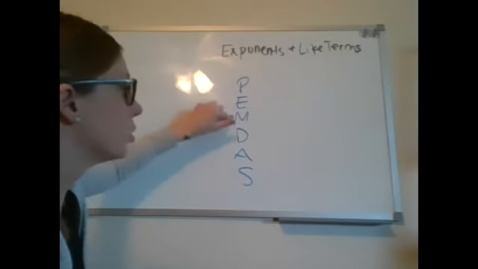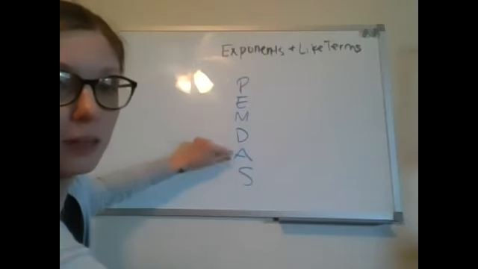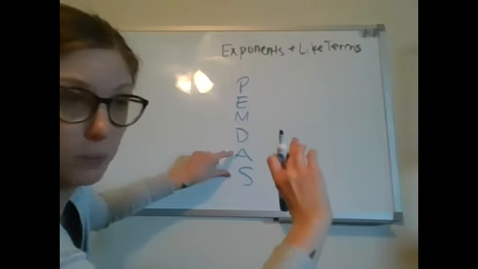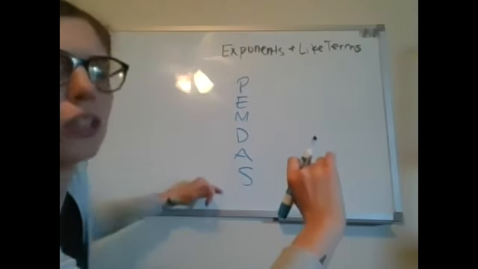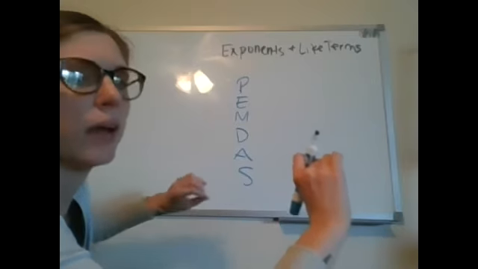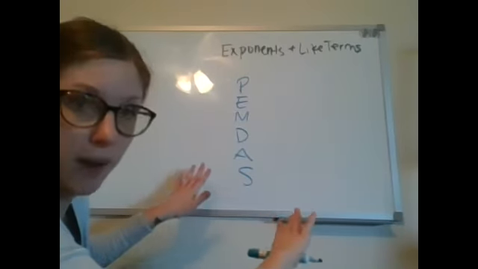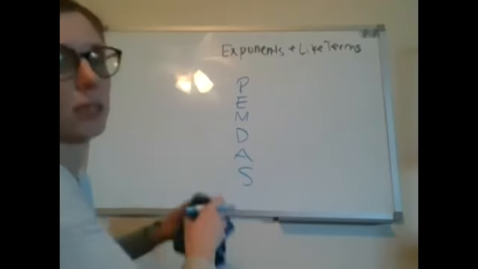Then we do multiplication and division, left to right, all in one step. Then we do addition and subtraction, left to right, all in one step. I know you guys should have all seen this before with me. But in the case that you forgot or you need some more help, reach out to me. We can go over order of operations a little bit more.